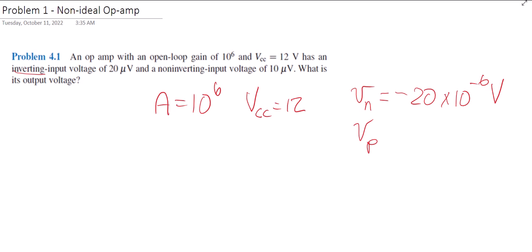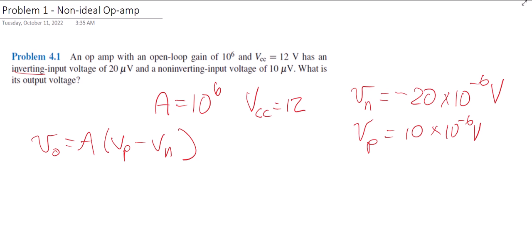So that's Vp equals 10 times 10 to the negative 6 volts. And what we know is that Vo equals A times Vp minus Vn.